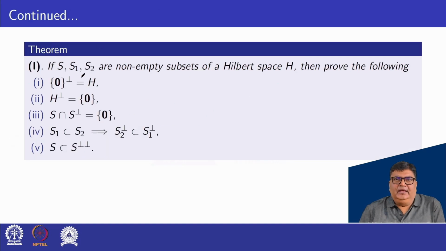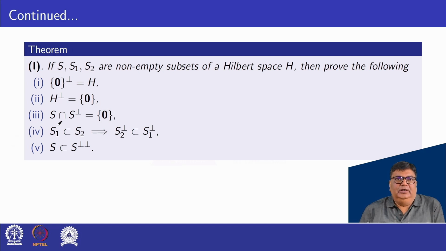Theorem: if S, S1, S2 are non-empty subsets of a Hilbert space H, then prove the following. First, the perpendicular of the singleton set 0 is equal to H. Second, the perpendicular of H is the singleton set 0. Third, S intersection S perpendicular is the singleton set 0.